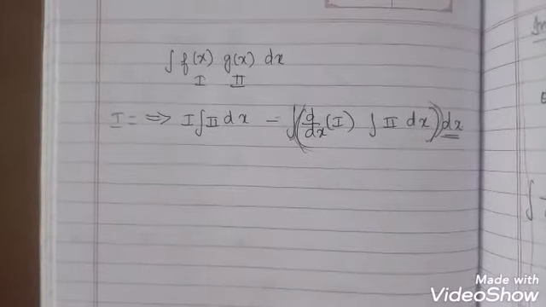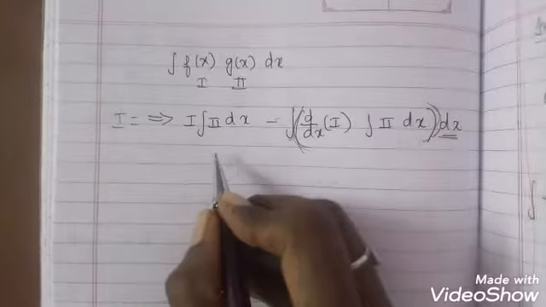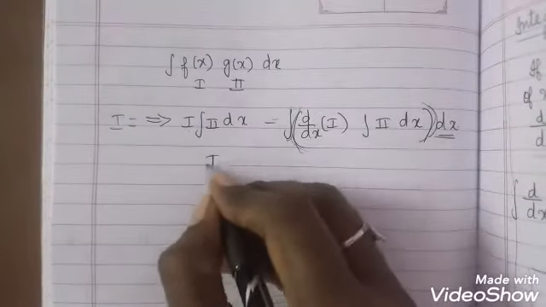Now here I have written first, I have written second. How do I choose this first and second? For that I will be using the ILATE formula.